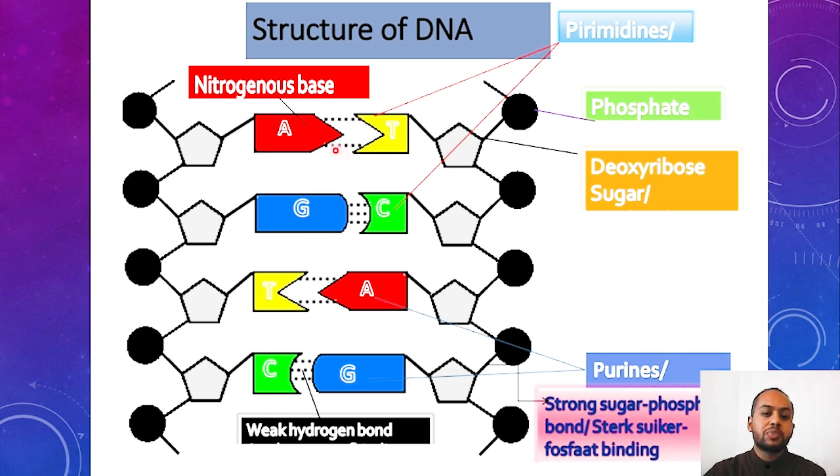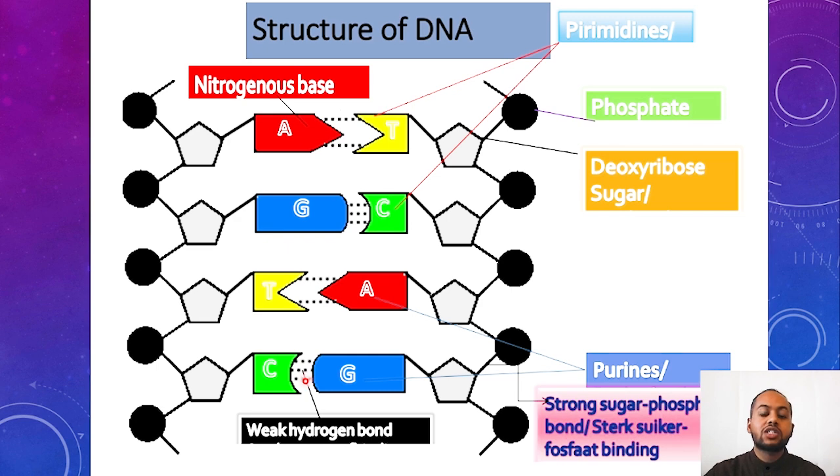Each nitrogenous base, very, very important, is joined to the complementary base pair. I'm going to say it again. Each nitrogenous base is joined to the complementary base pair. So adenine will join to thymine, guanine joins to cytosine, and they are going to be joined using a weak hydrogen bond. At the bottom, here's the label, weak hydrogen bond.